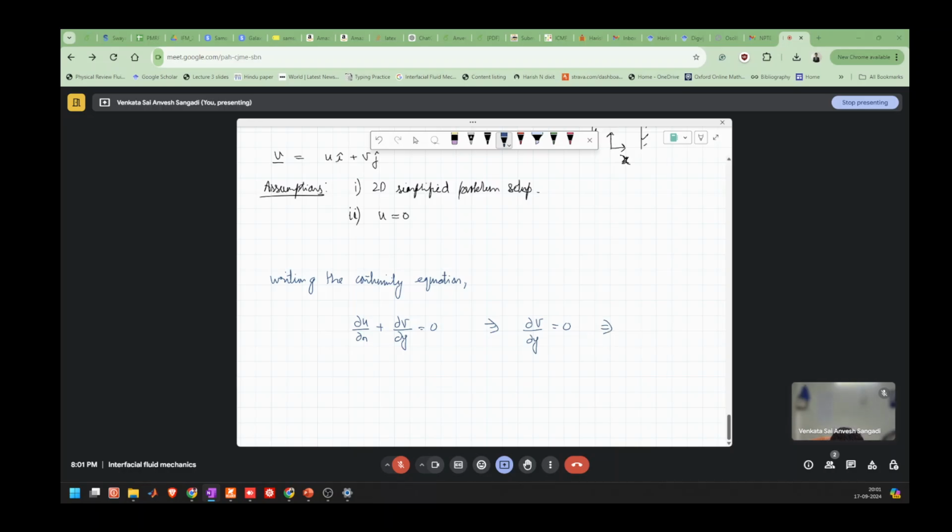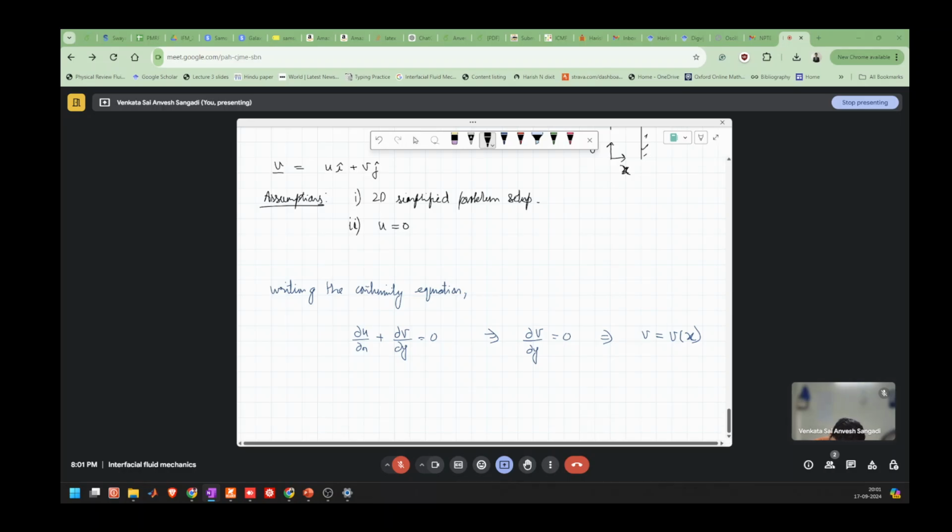This implies v is only a function of x. Oh, sorry, I said y earlier, v is only a function of x. So therefore, the third assumption is that v is only a function of x.